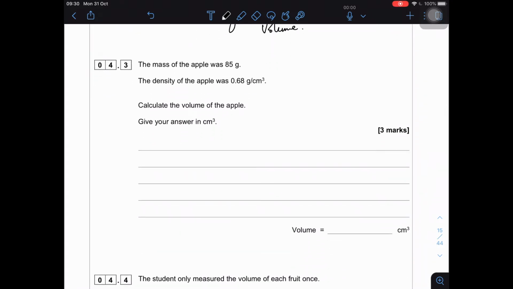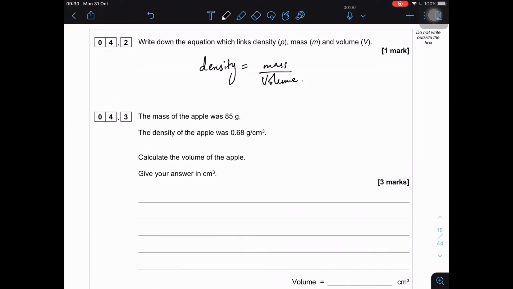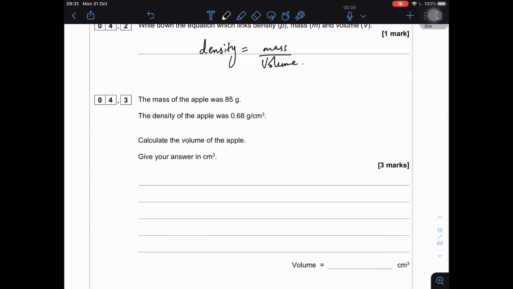Now you're using this formula for this question. What is the volume? Density is 0.68 grams per centimeter cubed. Mass is 85, it's given here, divided by volume.